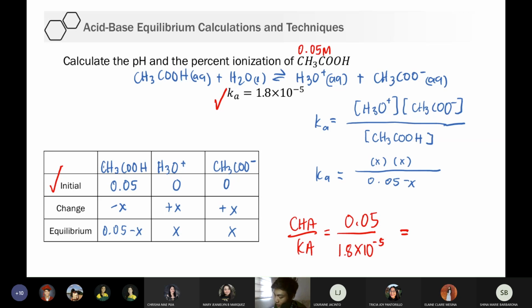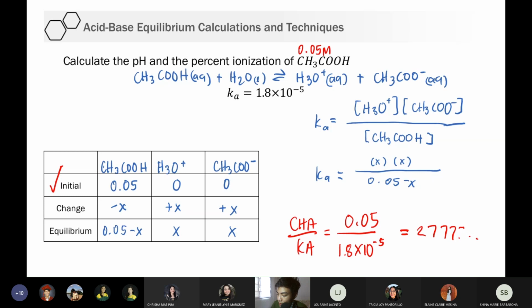So tignan natin kung yan ay greater than 1,000. Pag greater than 1,000, mag small x na lang tayo para hindi na tayo mahirapan. Greater than 1,000. So this is 2777... Okay. So the ratio is greater than 1,000. So we can use the small x approximation.